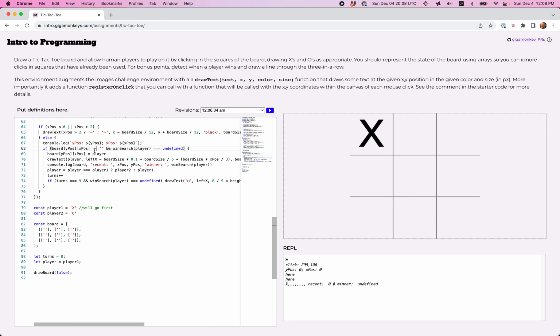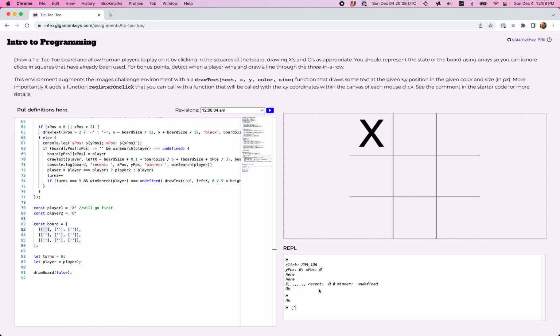So the problem here is that this is kind of why I like triple equals over double equals. Double equals is sloppy. Double equals is comparing the value in the board at a given position to the empty string. But the value in the board at the given position, so row 0 is this whole thing, column 0 is this element, which is an array containing an empty string.